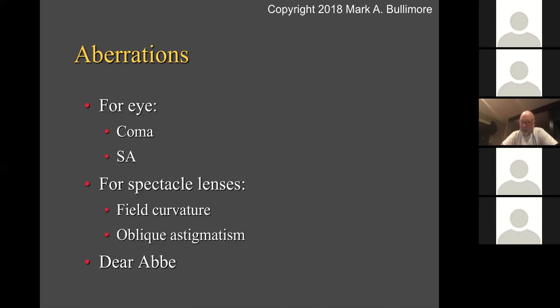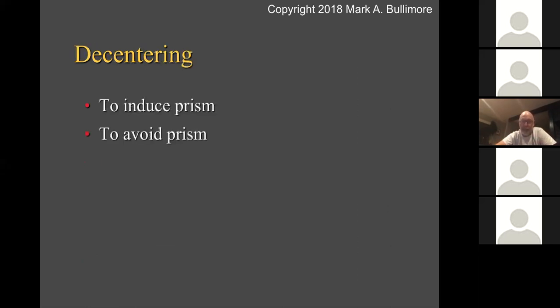For a spectacle lens, the opposite is true. We've got a big diameter spectacle lens and we've got a very small pupil, but the eye rotates and the pupil moves and samples different parts of the lens as we look in different directions, okay? So there, the off-axis aberrations are important, and they are field curvature or mean error and oblique astigmatism. And we also need to remember about chromatic aberration.